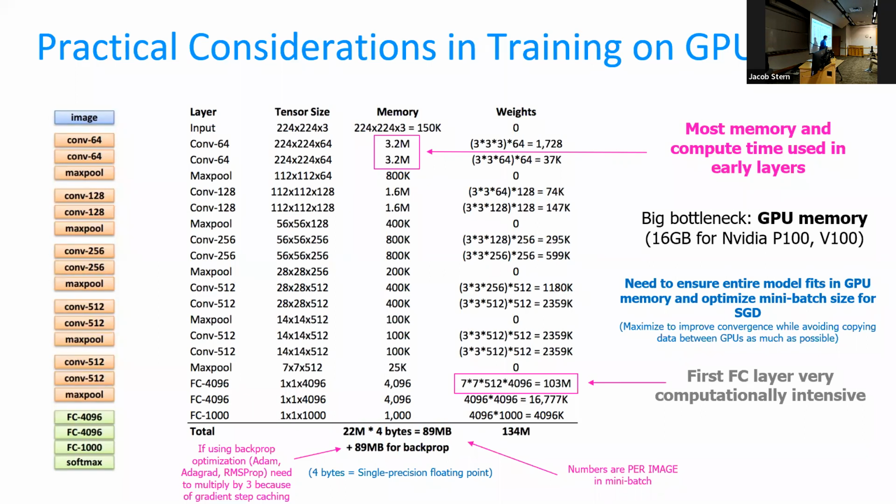Does anyone remember why we need to hang on to our forward activations? Remember, thinking back to our automatic differentiation and back propagation, why do we need to hold on to the forward pass? Exactly. We need the forward pass outputs at each step in order to compute the backwards gradient at that step.